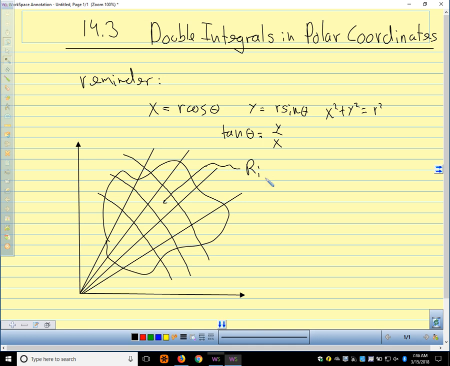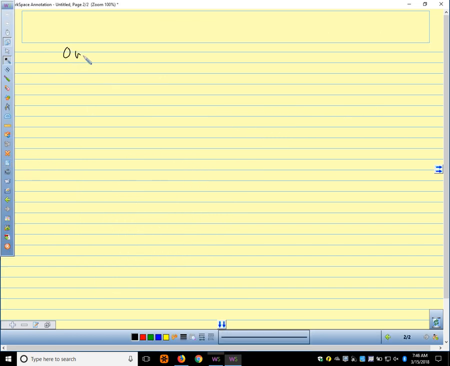So I'm going to zoom in on this r sub i, and we're going to come up with an expression for the area of that little sector. If we look at just one sector in the xy plane, we get this. There's one of those pieces.